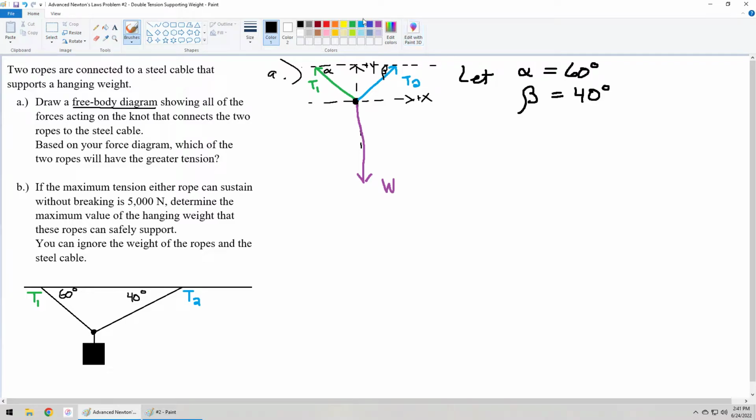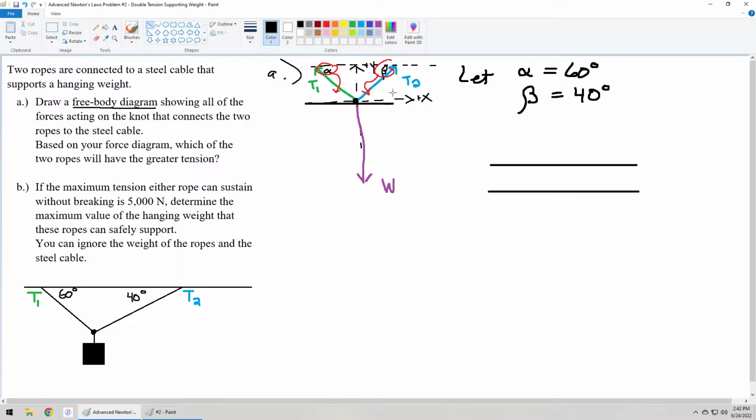Normally students are used to seeing angles like right here or right here. So what I'm going to show you is how we can take these angles and move them right there and right there. The trick comes from a property in geometry involving parallel lines. Notice, I've drawn this really poorly, but the x-axis is a completely straight line.